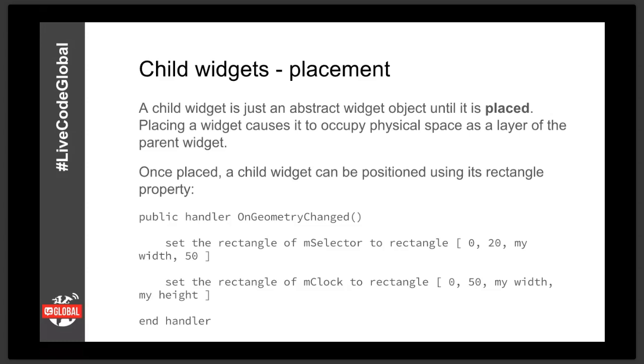So once it's placed, you can set the rectangle property of the child widget, and that's where it will appear. And the on paint handler of the child widget will get called at the end of the on paint handler of the parent.